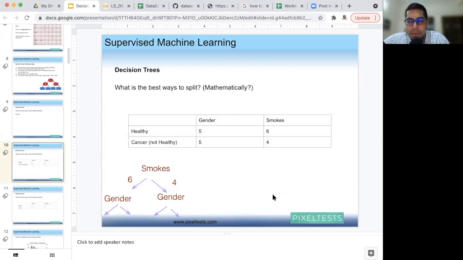Is that okay? The second tree of my 2 Christmas trees is going to be gender. And then I have 5 folks here, and then I have 5 folks here.